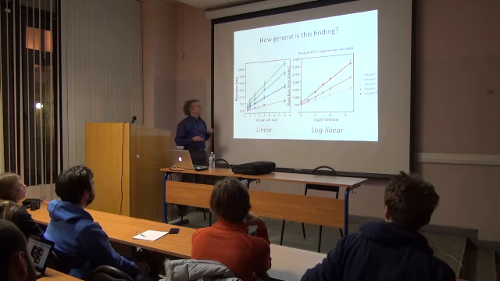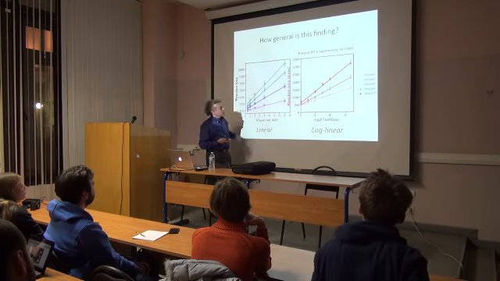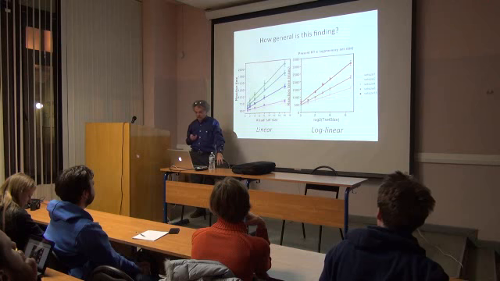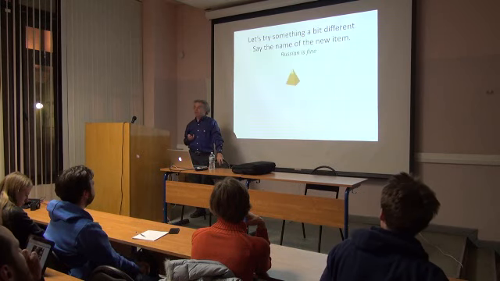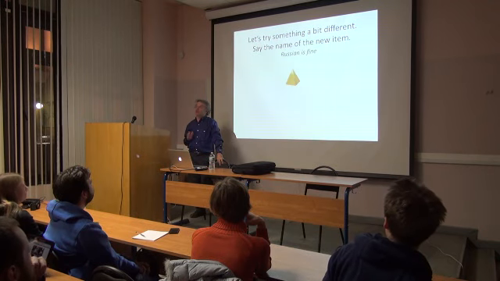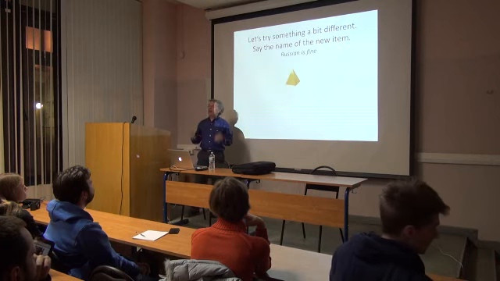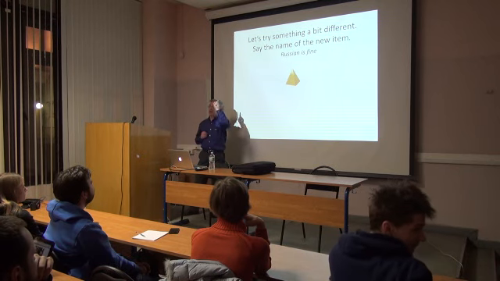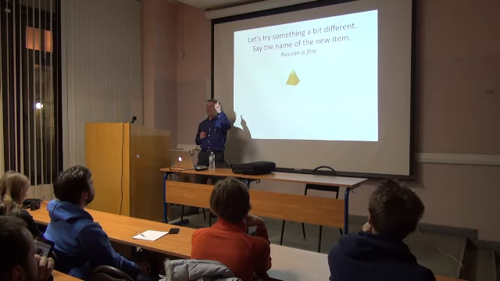How general is this in hybrid search? Let's do a different experiment. Here's a different version of the experiment. What you are going to do here is, on each trial, there will be one item that you have not seen before.